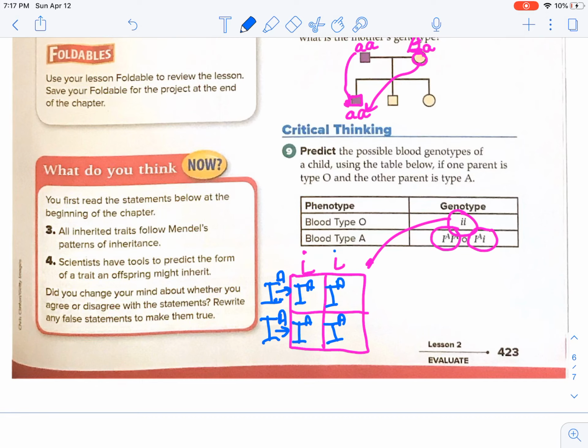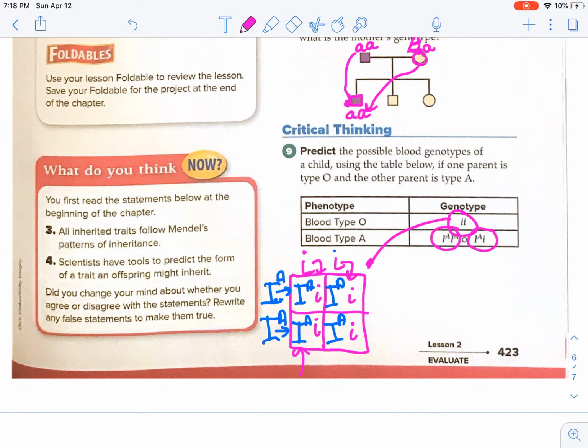All right, and then I'm going to take the ones that are on the top and write them down. So I'm going to go down with this one, and now down with this one. Well, it looks like if the parent who has blood type A is homozygous for the trait, that means that all the children are going to be type A blood, because they all will have this dominant gene.